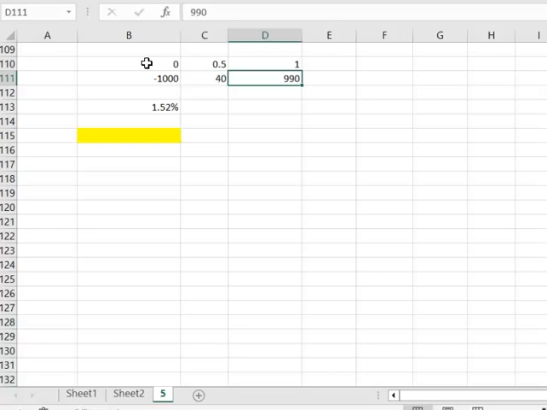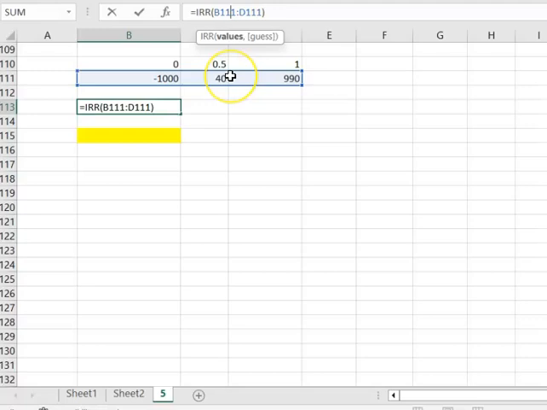After another 6 months, they get their $40, correct? But also they want to sell the bond for how much? $950. So it would be the total cash flow. And you run the IRR function on this cash flow to get this result.